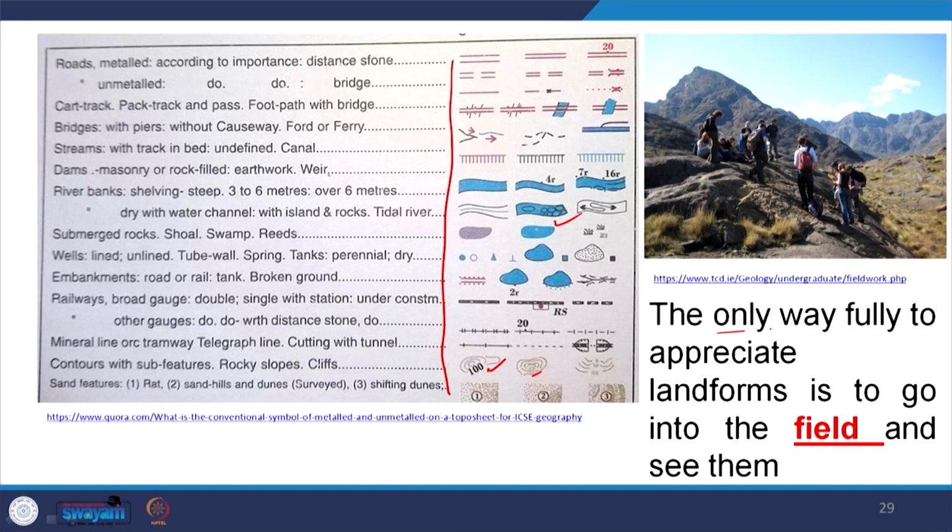The only way fully to appreciate landforms is by field observation. Without field there is no geology, no geomorphology. As a geomorphologist or a geologist doing remote sensing, preparing models, extracting data from maps, reports, and research papers, it is not enough.